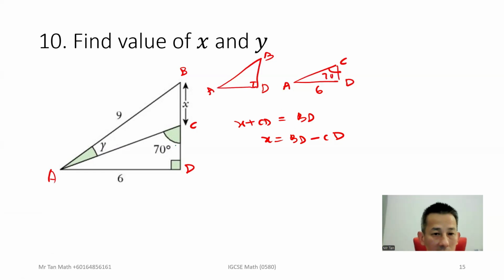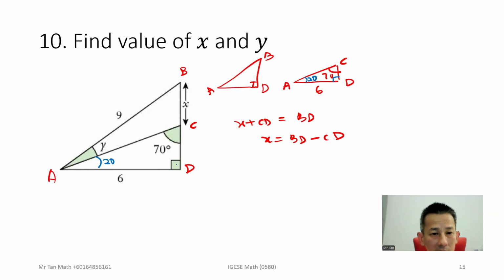You find BD, you have no angle, so you need to find CD first. Angle here. Okay. So this is 90, 70. This should be 20. This angle should be 20. So you can find.